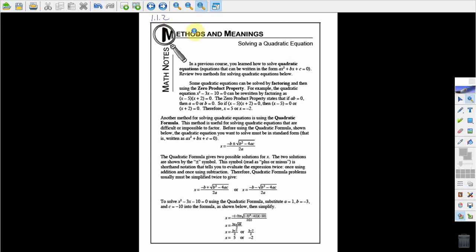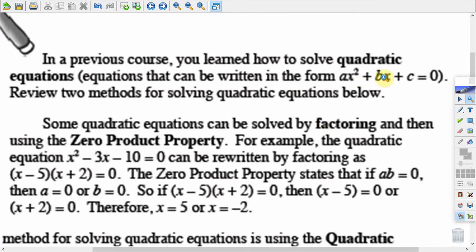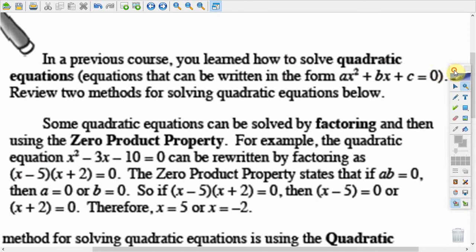This is going to be a quick review from last year. You should be pretty comfortable with this since it's really what a lot of last year was about in Integrated 2. We learned to solve quadratic equations in a variety of ways.